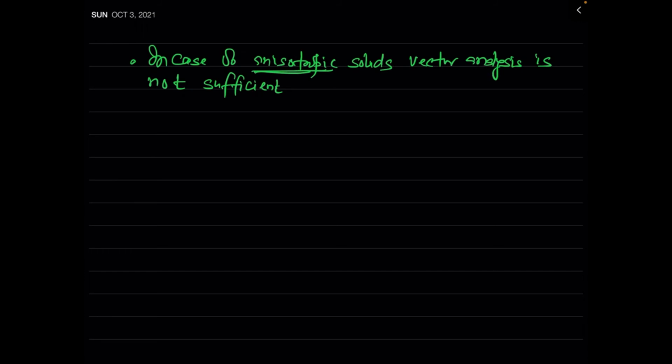So let us try to explain this fact by taking a proper example. Definitely you have studied Ohm's law. Actually, you know Ohm's law has two forms. You have studied in electricity Ohm's law, and you have seen that this Ohm's law has actually two forms.